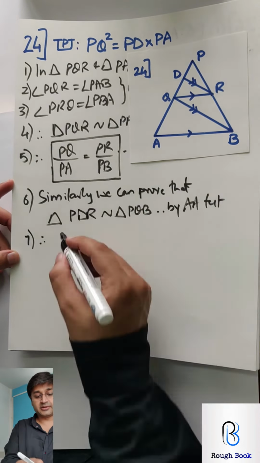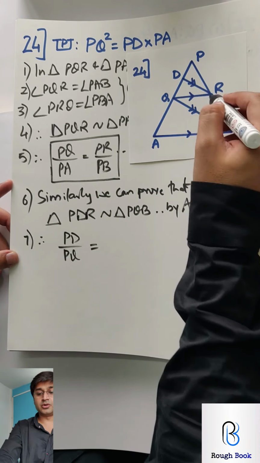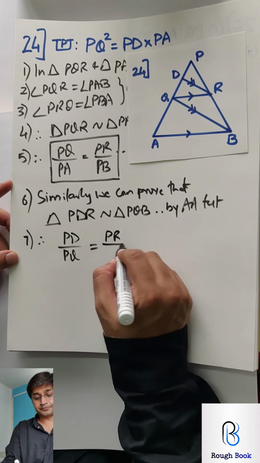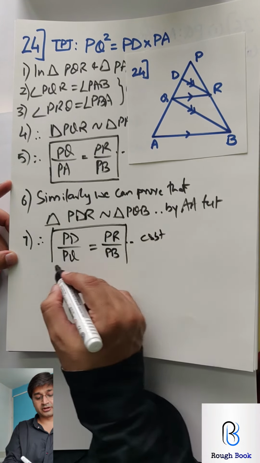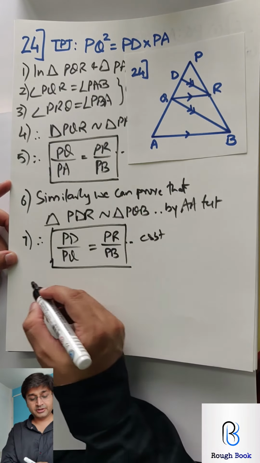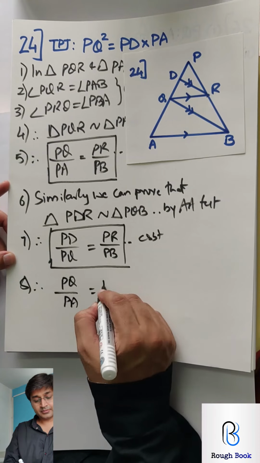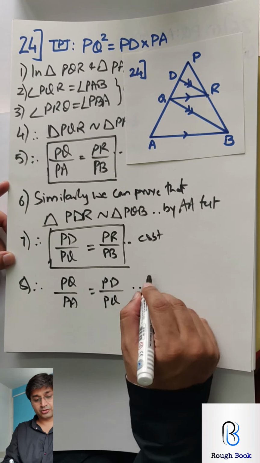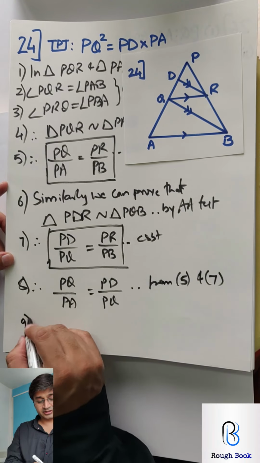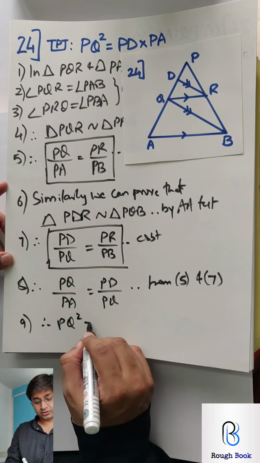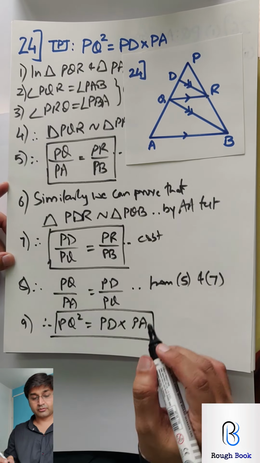Therefore PD upon PQ, PR upon PB, CSST. Second very important step for us, PR upon PB equal. Therefore PQ upon PA, PD upon PQ from 5 and 7. Cross it. Therefore PQ square equals PD into PA. That's what we were looking out for.